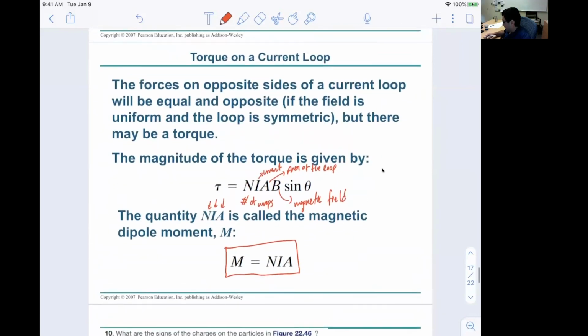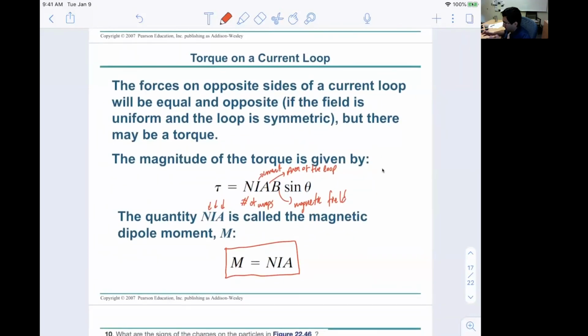Okay, so this is all about the current for the motor. You create torque, and torque is given by this equation. We will not derive it. What you need to remember is it depends on the number of wraps, current, area, magnetic field, and angle.